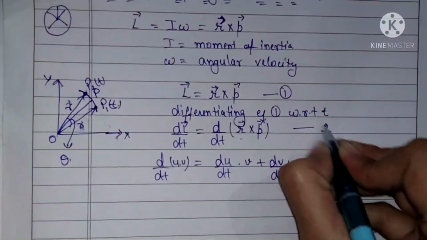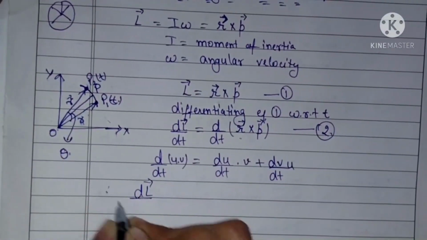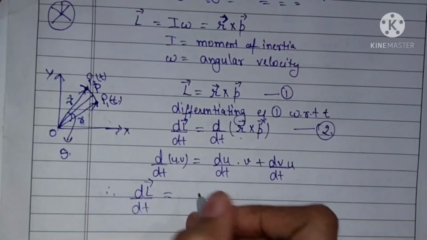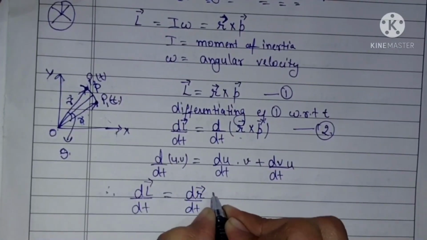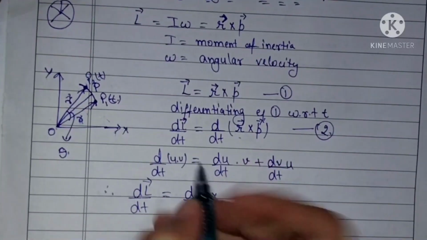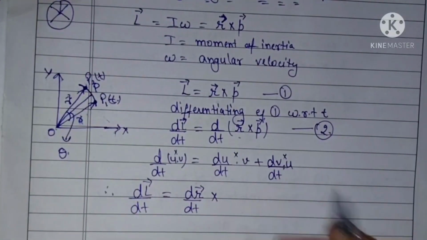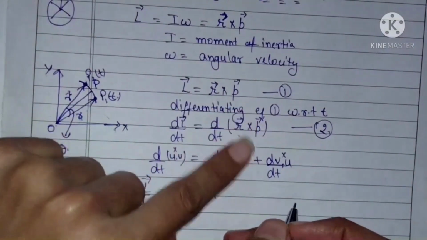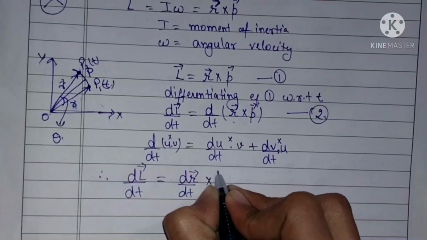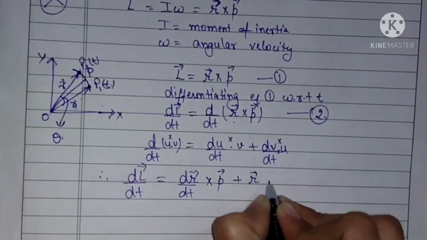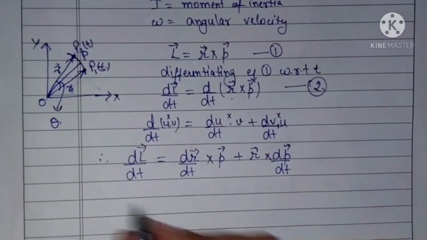Applying it on the above equation 2, dL/dt becomes dr/dt cross p, as there is a cross product, plus r vector cross dp/dt.